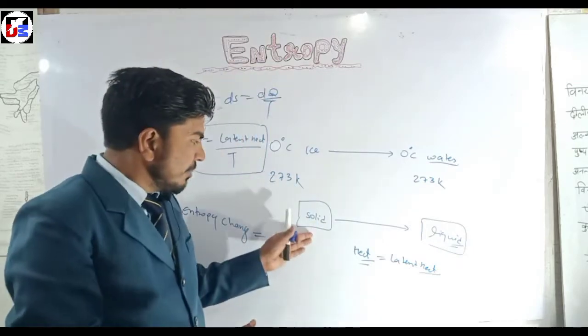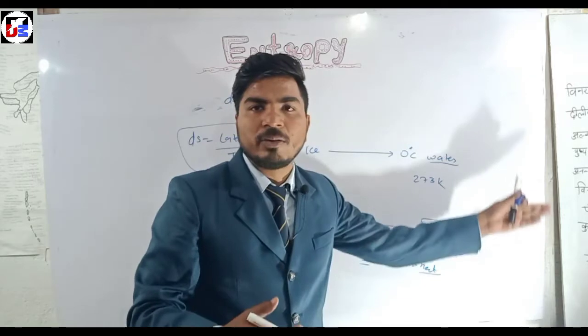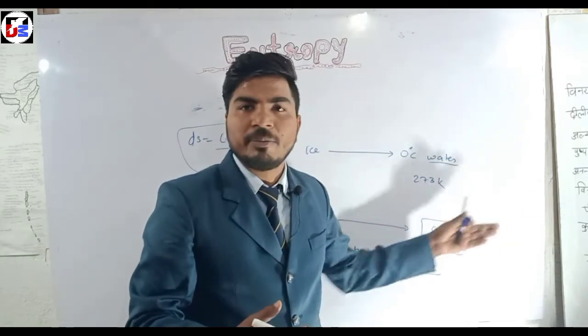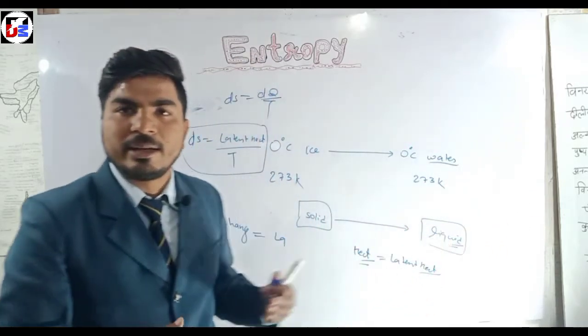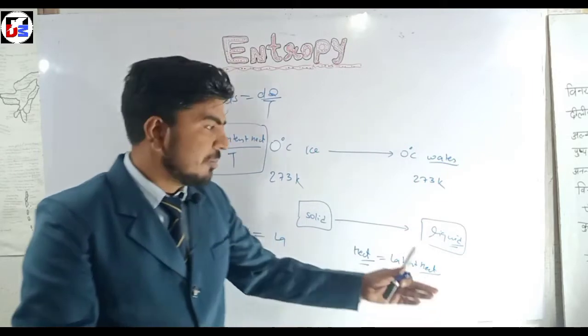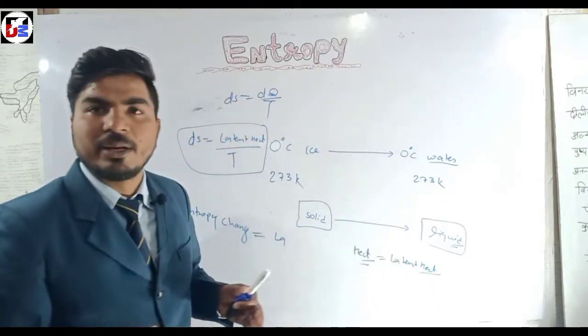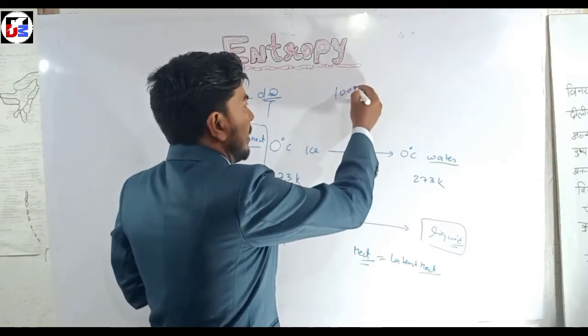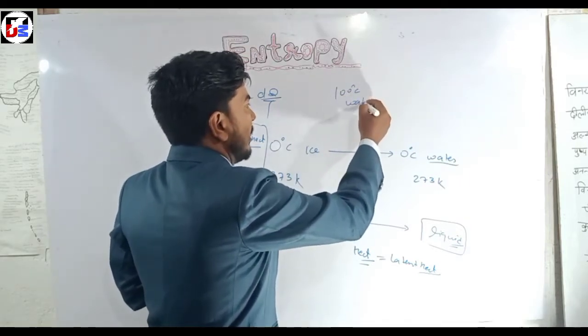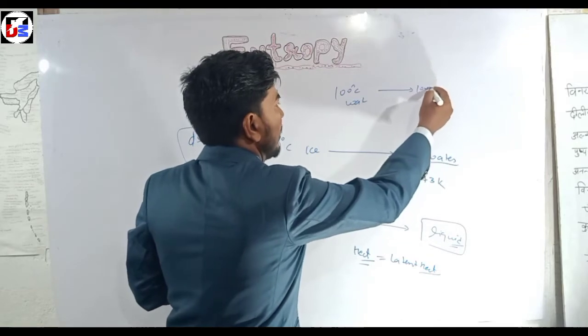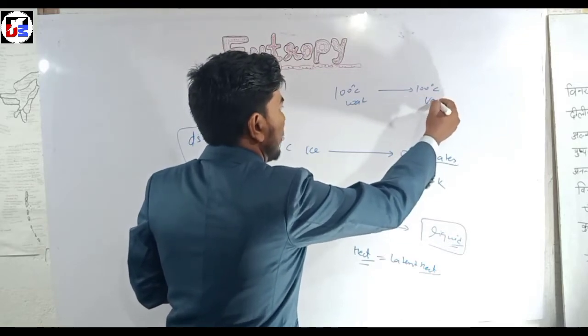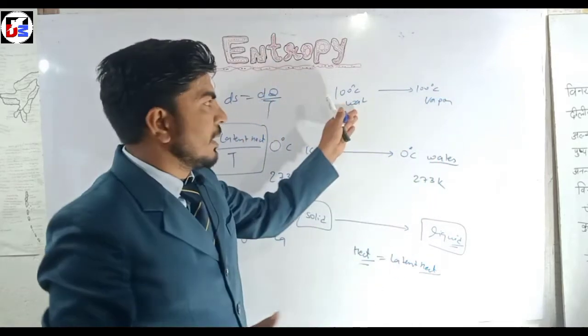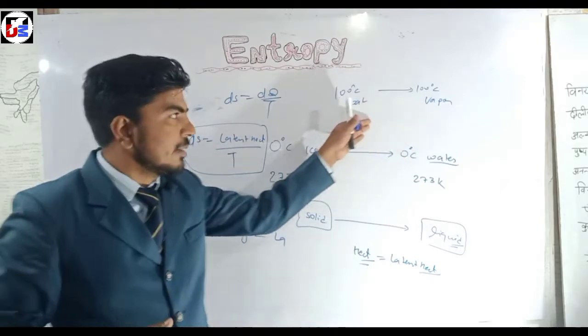If liquid is converted into vapor, then we use the latent heat of vaporization and the particular temperature. For example, at atmospheric pressure, 100 degrees Celsius water is converted into 100 degrees Celsius vapor. Then you calculate what is the entropy change in this process.